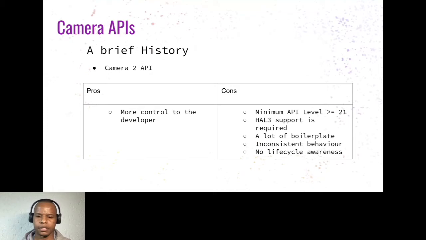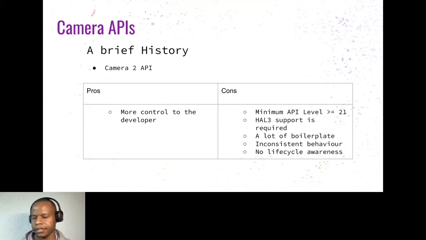Much the same as its predecessor, this camera API has inconsistent behavior across devices. I've also worked with this API, and in my experience, we had a particular device that passed all the support checks. That's your minimum API level as well as the hardware abstraction layer support.